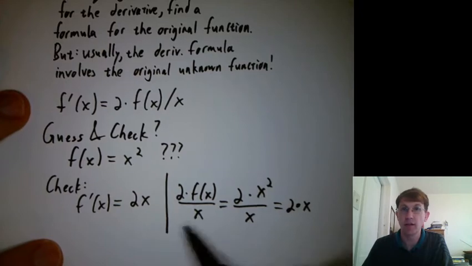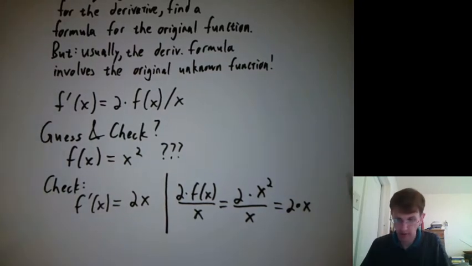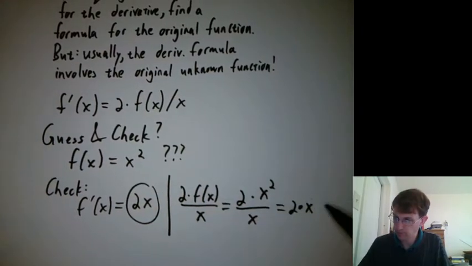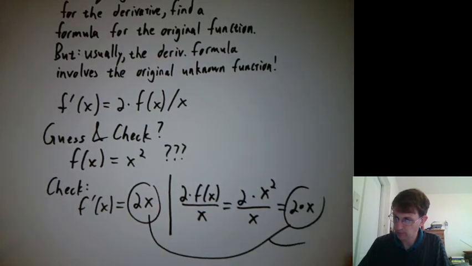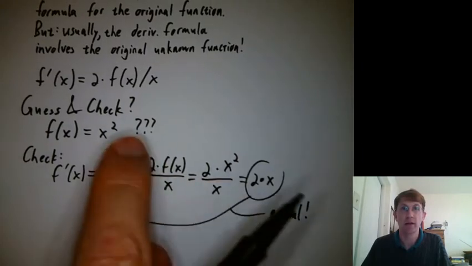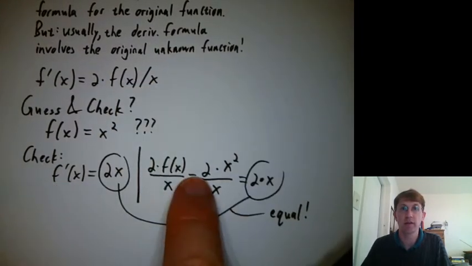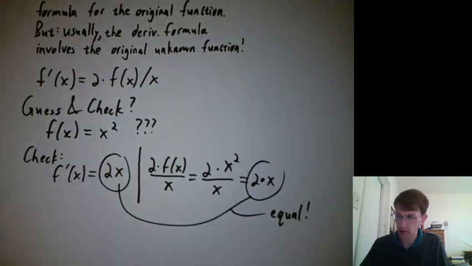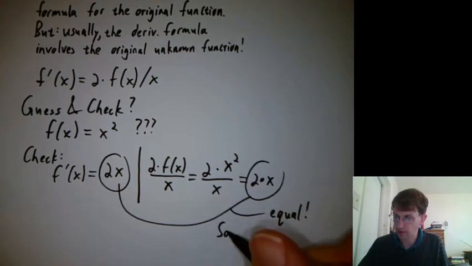So I got the same thing on both sides, and so my guess checked out. The differential equation said that these two things had to be equal. I calculated them and they were equal, so x squared satisfies the differential equation.